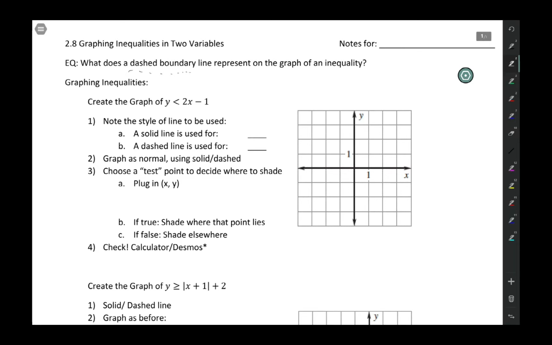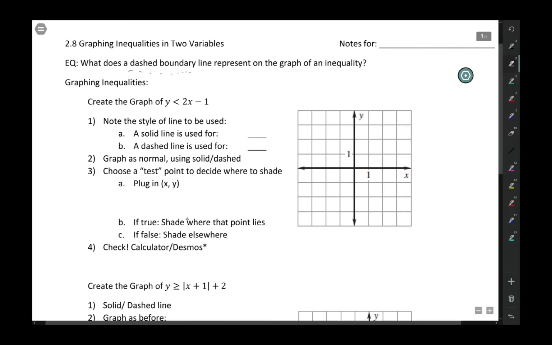Create the graph of y is less than 2x minus 1. Okay, again, the only thing different with inequalities is this sign here. So less than 2x minus 1. First decision is to decide what type of line to use. First off, you use a solid line if it's less than or equal to or greater than or equal to.